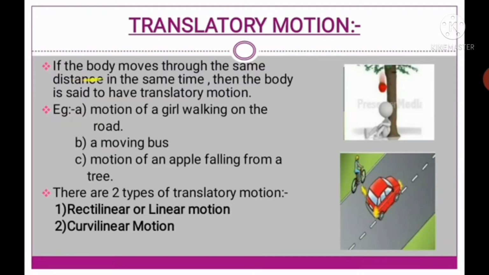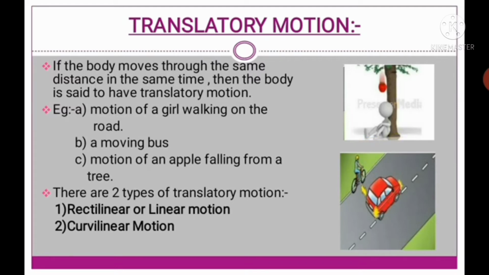If a body moves through the same distance in the same time, then the body is said to have translatory motion. Imagine you walk 10 paces first along a straight line and then along a curved line.